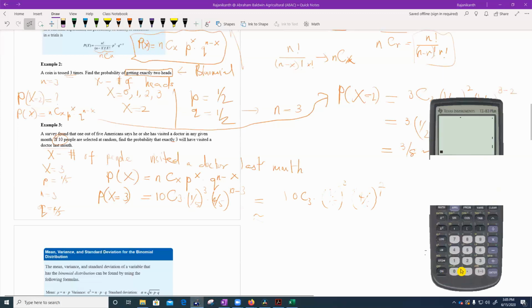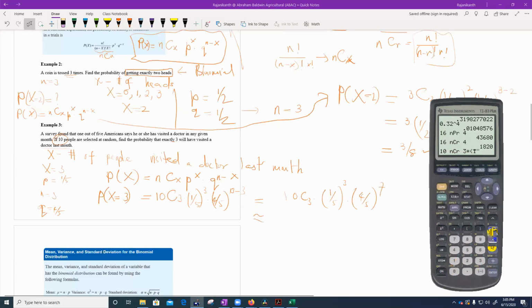I'm going to type 10, so I need to go to math and choose nCr, 3, and times 1 over 5. Let me open the parentheses, 1 divided by 5, then to the power 3. Then again times, open the parentheses, 4 divided by 5 to the power 7.